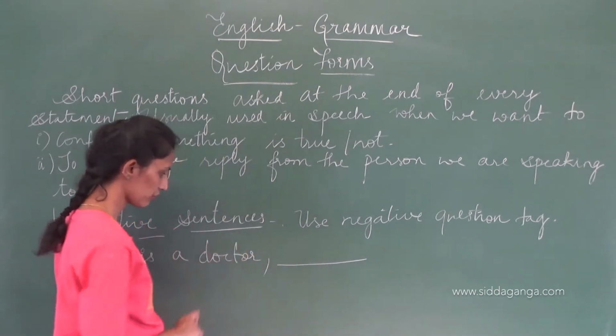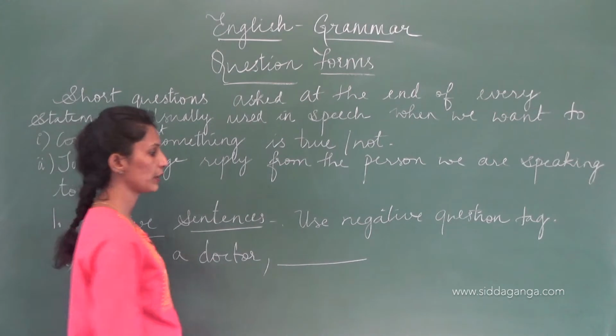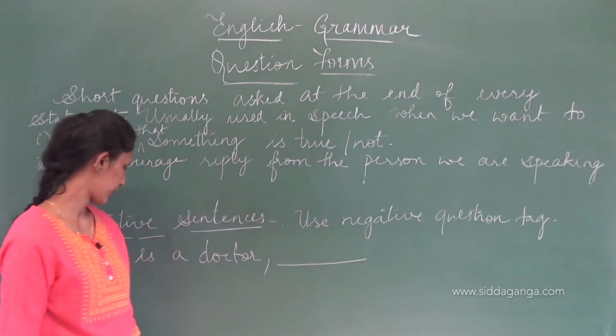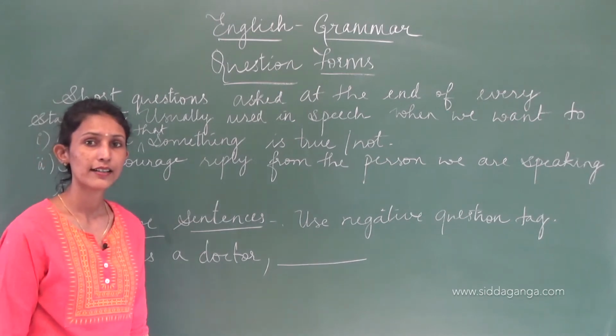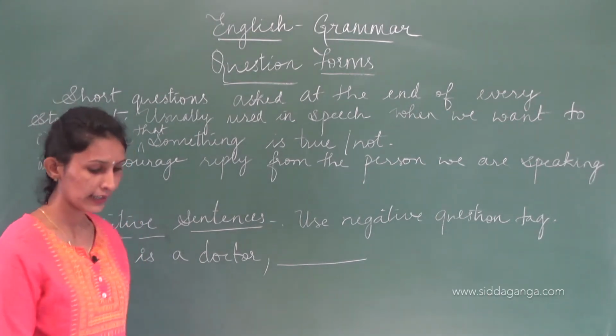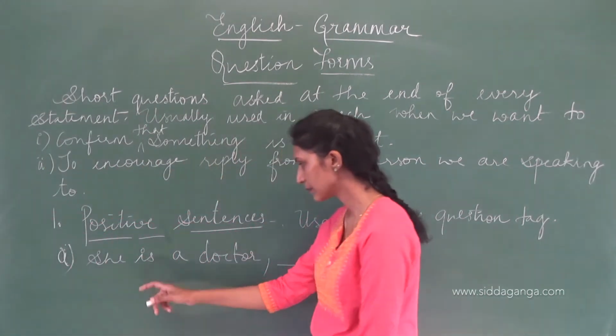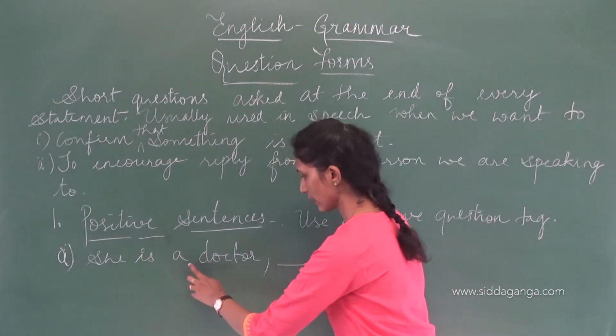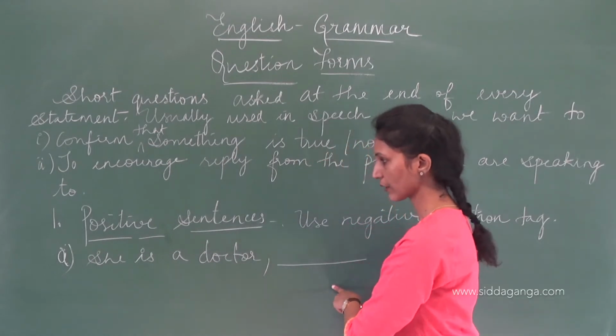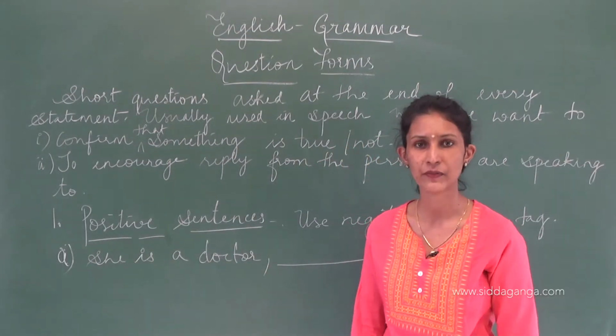Exam point of view, you will also get it like this, but the question tag will be blank here. She is a doctor. Now, you must pick the helping verb there. Is. She is a doctor. The question tag will be isn't she.